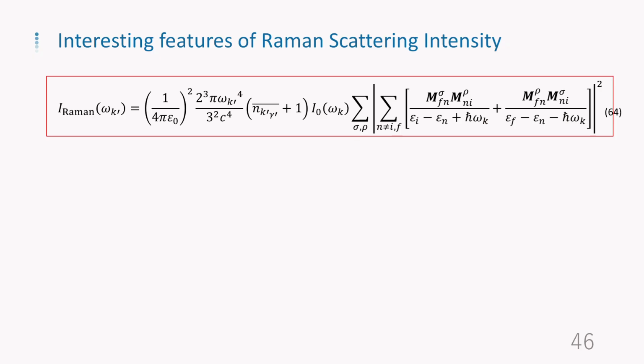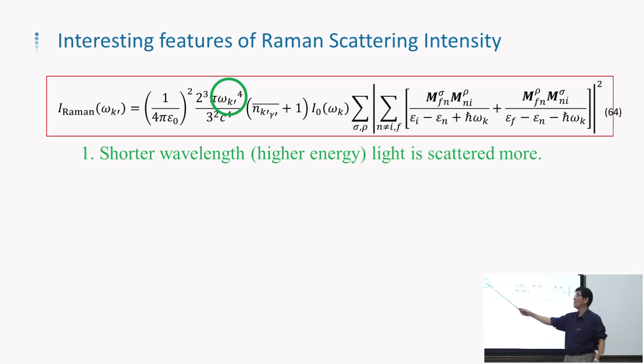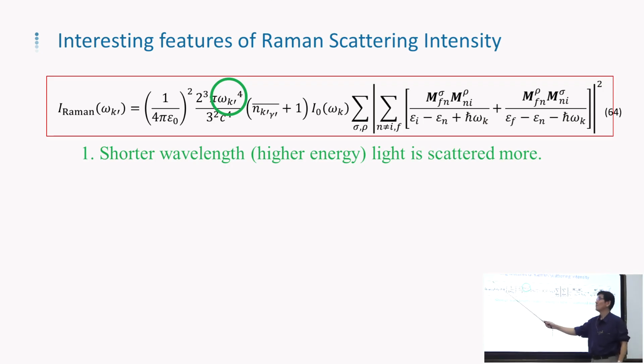So again, Raman scattering intensity is given by this equation. We can learn some features from this equation. First, Raman intensity depends on the fourth power of the angular frequency of the scattered light. That is, shorter wavelength light is scattered more.